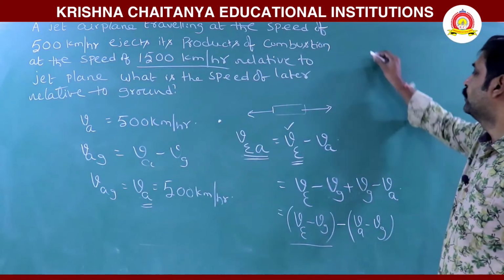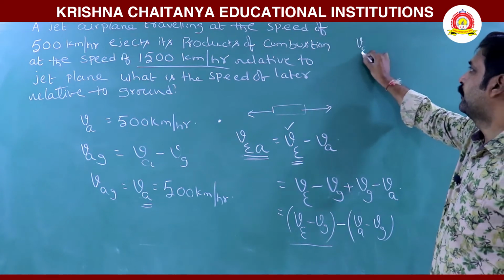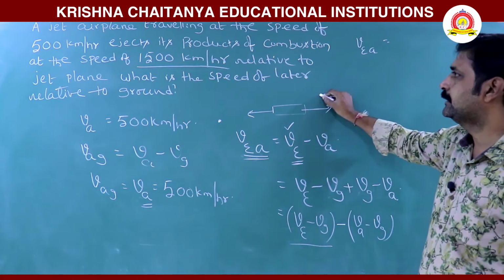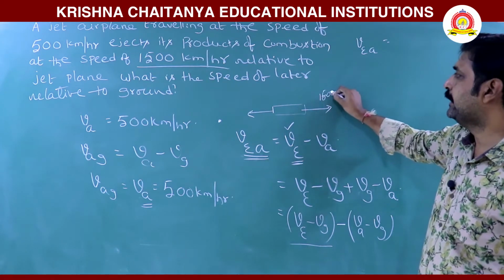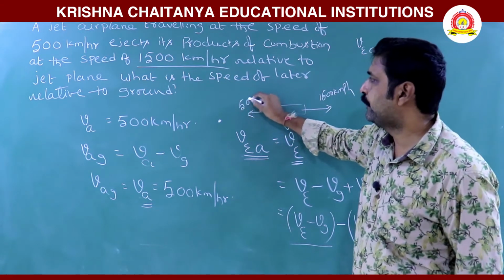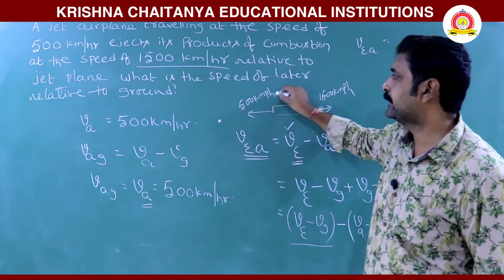So here we can write the velocity of exhaust gas with respect to airplane in this direction as 1500 kmph, and the airplane as 500 kmph.